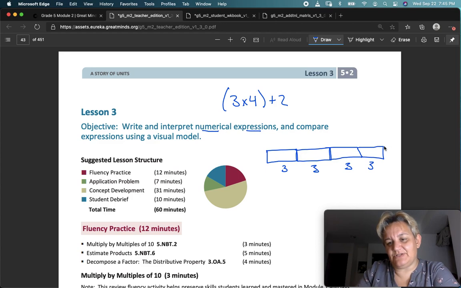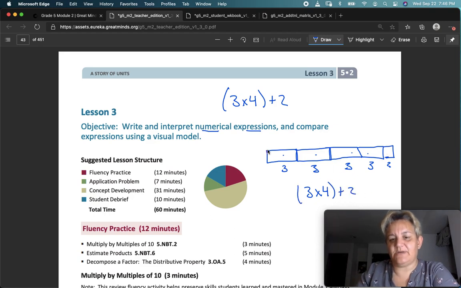And then I have a 2 extra on the end, right? So this would be 3 times 1, 2, 3, 4, plus 2. All right? So we're going to use a lot of tape diagrams today for our visual models.